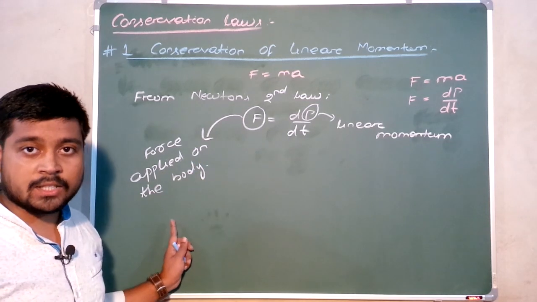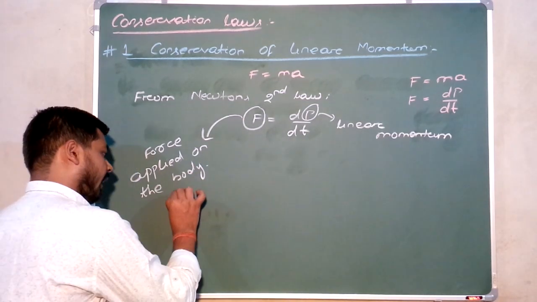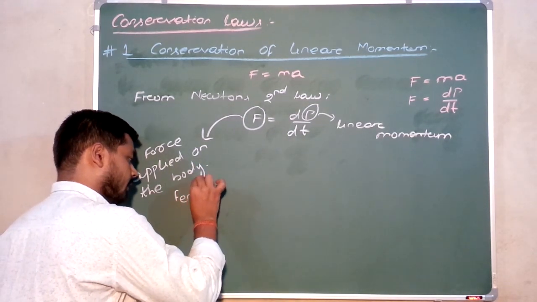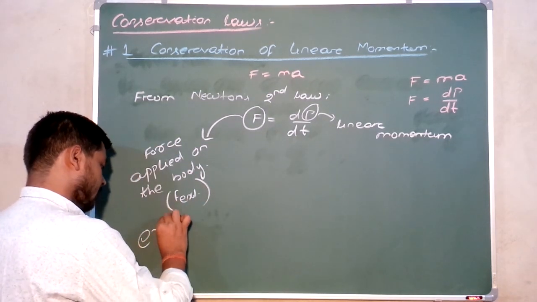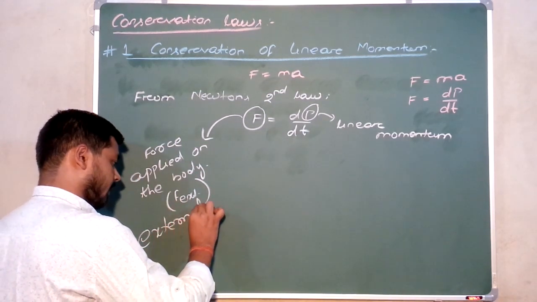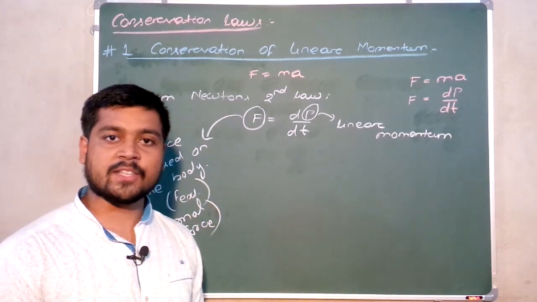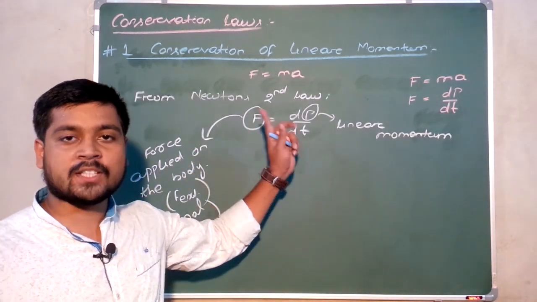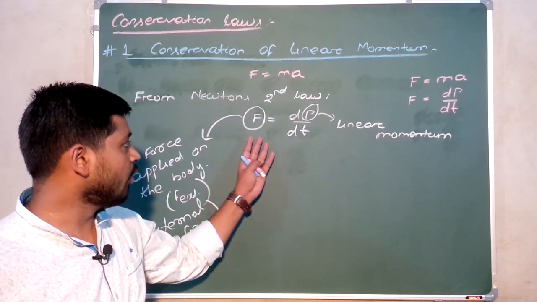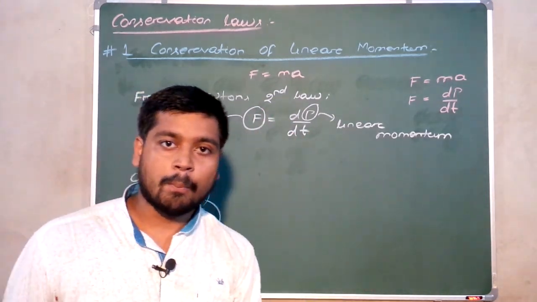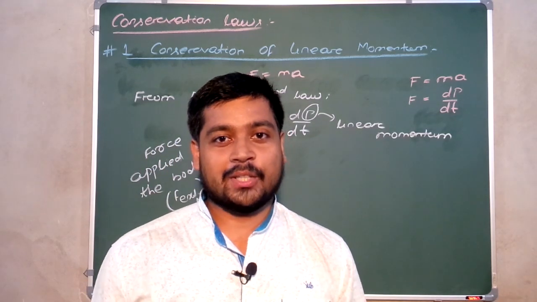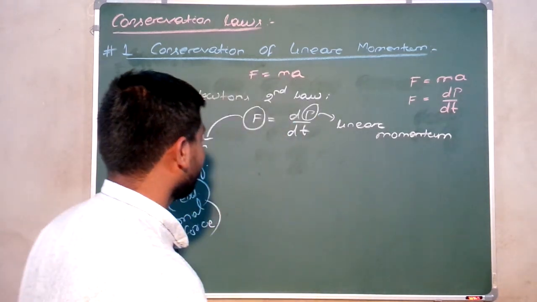That means this one is the external force, F external. P is the linear momentum. That is, force is equal to the rate of change of momentum. How can we derive conservation of linear momentum? Just see here.